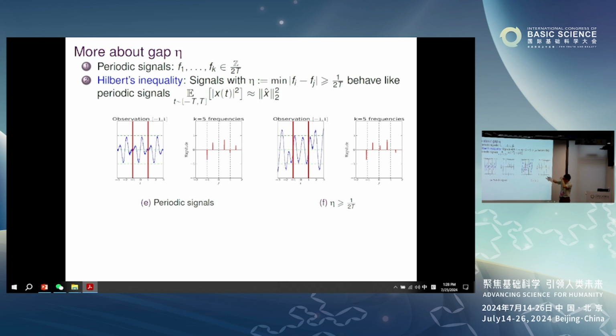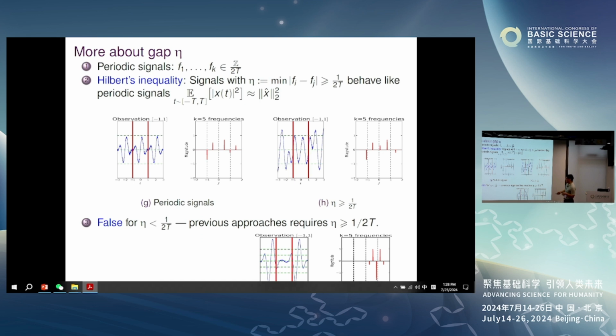To say this exactly, David Hilbert proved that the expected energy in this time window is roughly the summation of the Fourier coefficients of x hat. Unfortunately, this is false when eta is less than 1/2T. And that's essentially why our previous approach requires the gap to be greater than 1/2T.